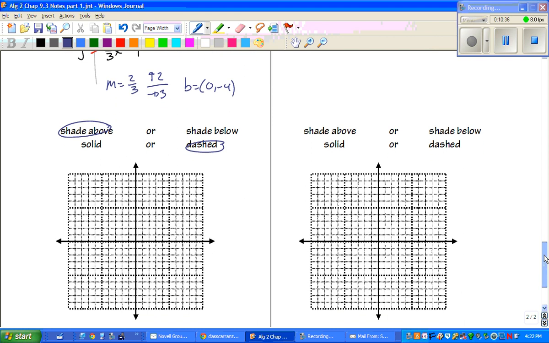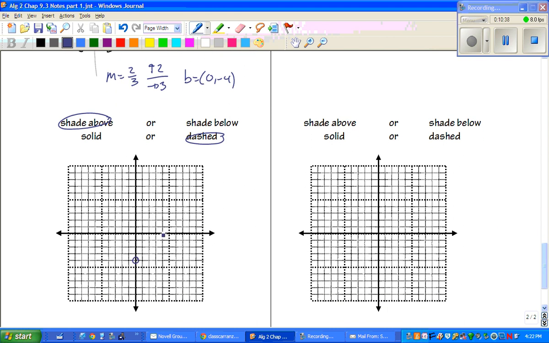So at -4, go up 2 over 3, up 2 over 3, and we're going in both directions. Make the dash marks, and we have to shade above.